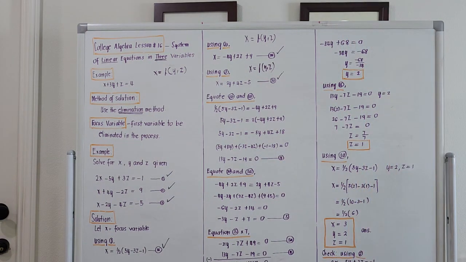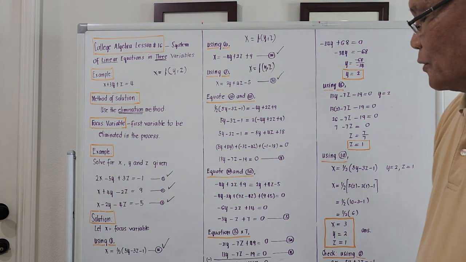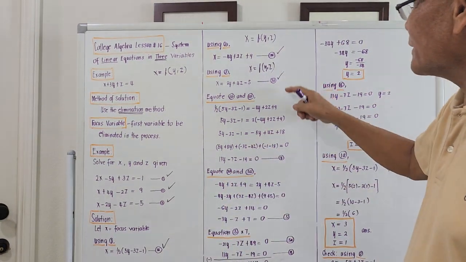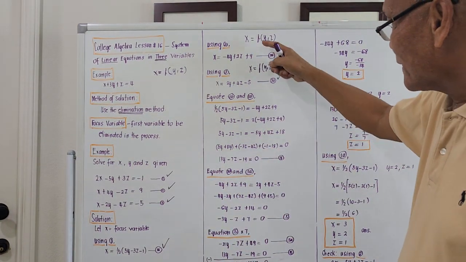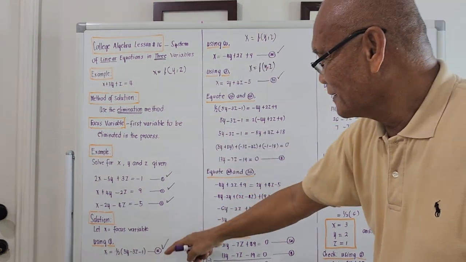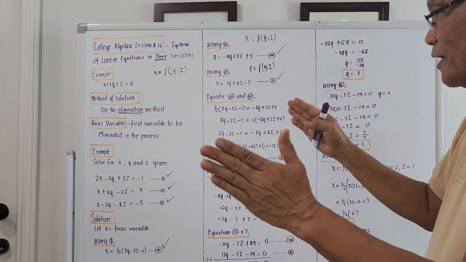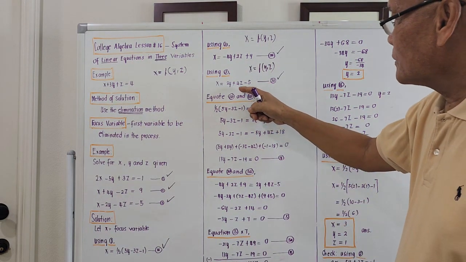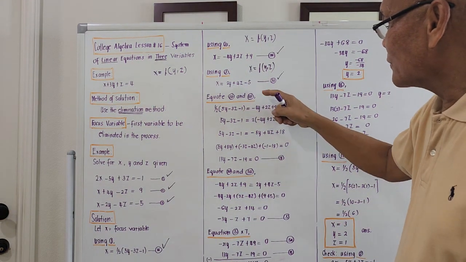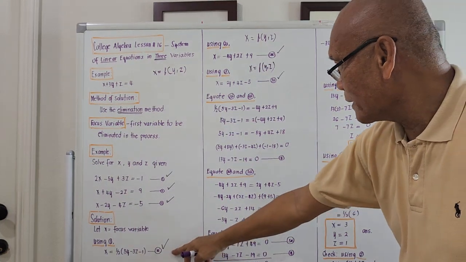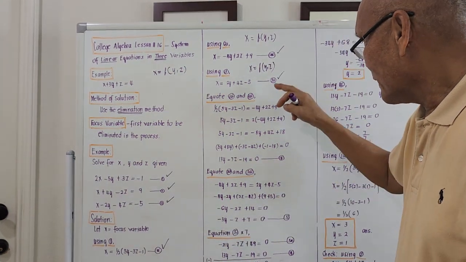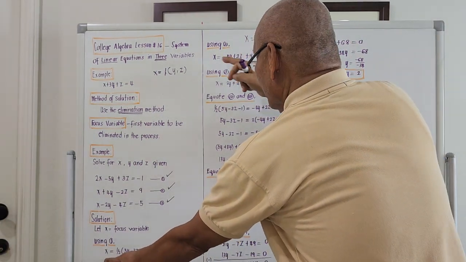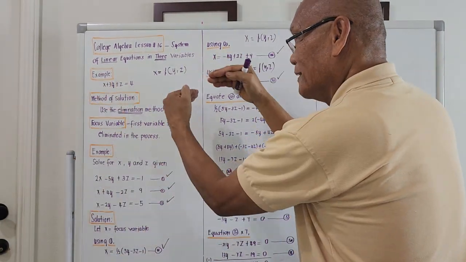So from the previous manipulation, we got 3 equations, 1a, 2a, and 3a, involving x. To eliminate x, we will equate equation 1a to 2a. Because this is x and this is x, we will equate it.